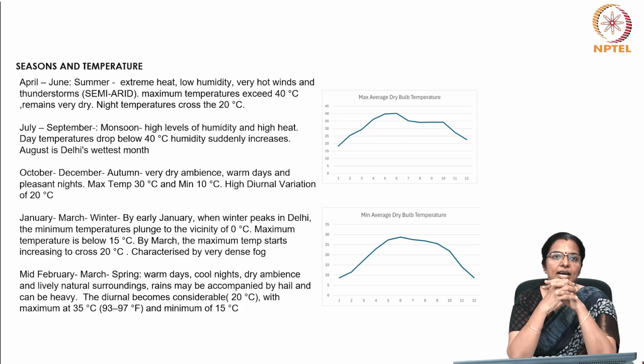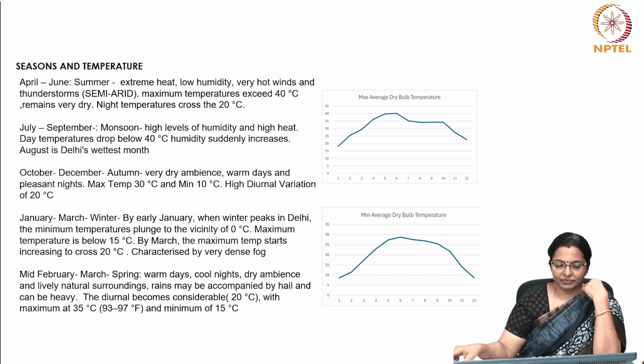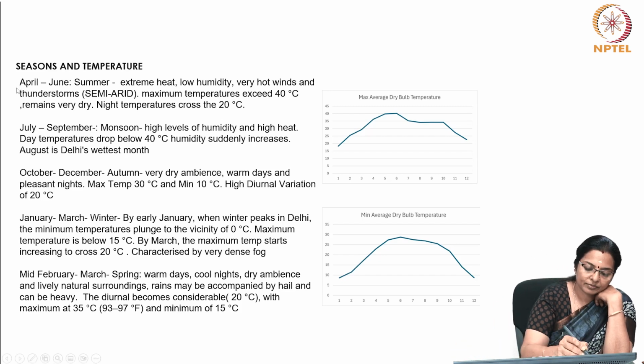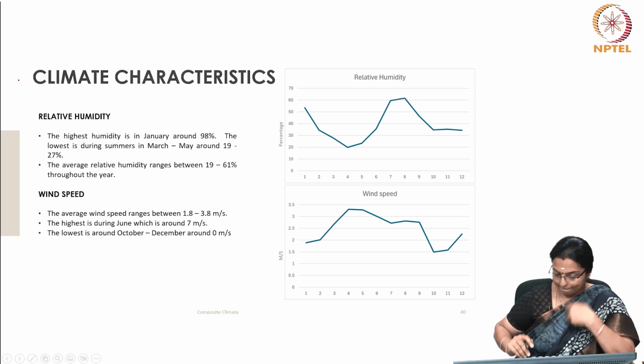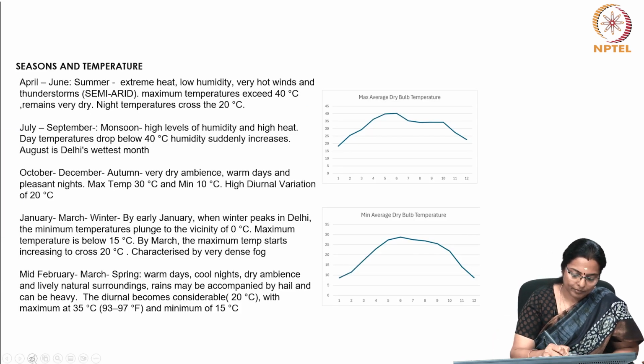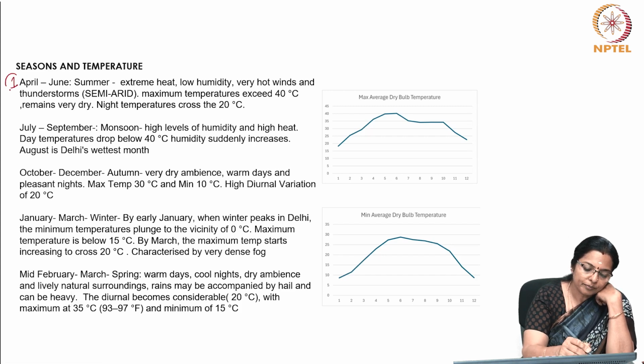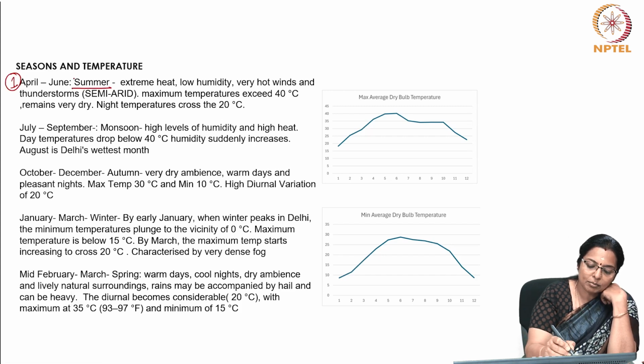Delhi typically has seasons. If you see, April to June is the summer season.